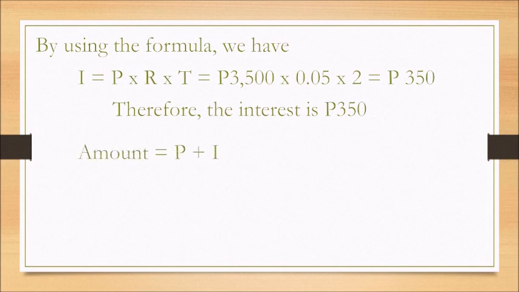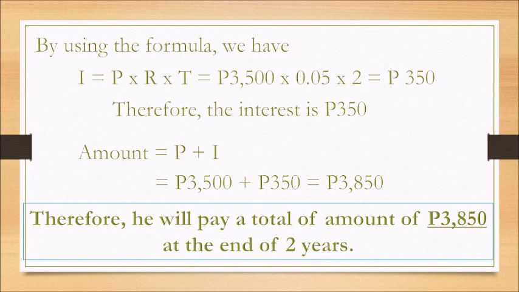Next is amount. Amount is equal to P plus I, where P is 3,500 and I is 350. So 3,500 plus 350 is equal to 3,850. Therefore, he will pay a total amount of 3,850 at the end of 2 years.